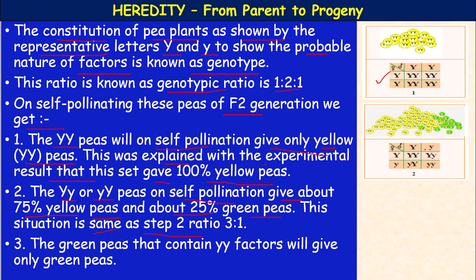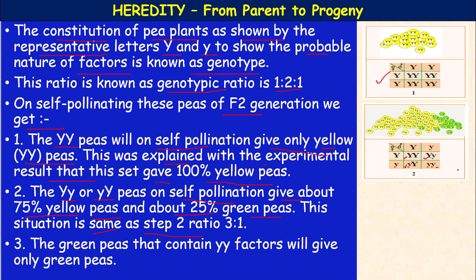You can see here capital Y, small y, capital Y: 3 yellows and 1 green. A 3:1 ratio is produced in the second.